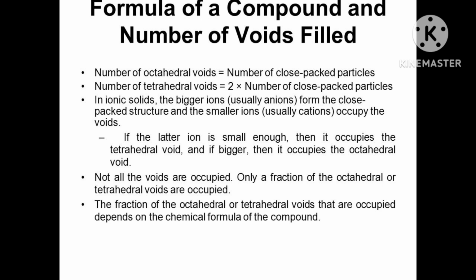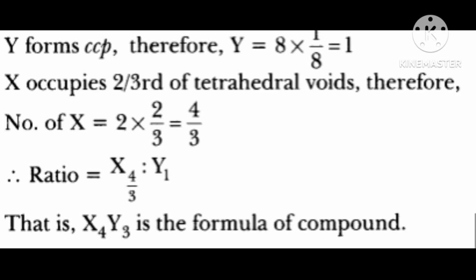Now I am telling the solution. The number of tetrahedral voids formed is equal to twice the number of atoms of element B, as I have already discussed, and only 2/3 of these are occupied.